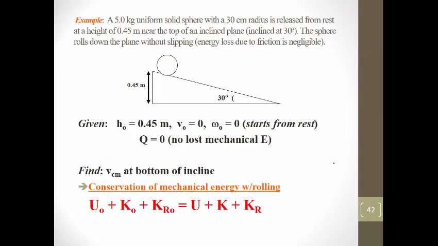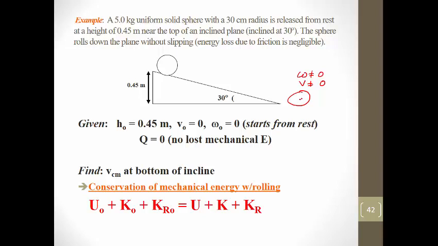We could do something similar to what we would have also done in chapter 5, where we have an object that starts from rest at the top of a ramp, and then it rolls down so that when it's here, it's got some non-zero angular velocity and some non-zero velocity of the center of mass.